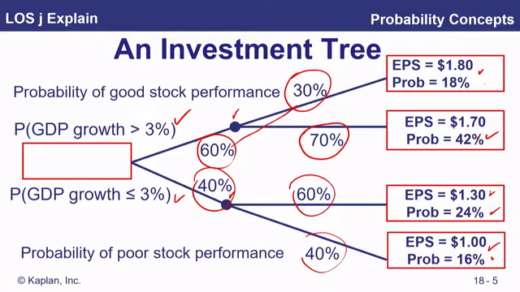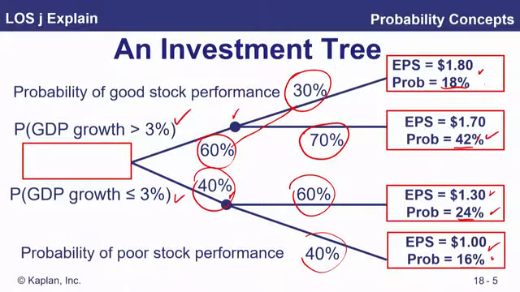So now we can start talking about expected earnings per share because we've got probabilities for 4 different outcomes. We can use the probability weighted average for that. The other thing we want to look at here is our conditional expectations. What's our expectation of earnings per share given that growth is greater than 3%? Then we'll just be using 30% times $1.80 and 70% times $1.70.